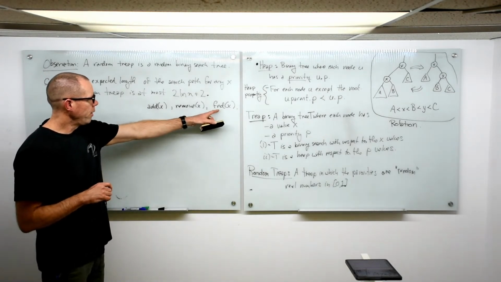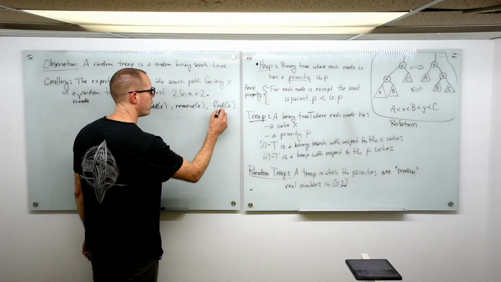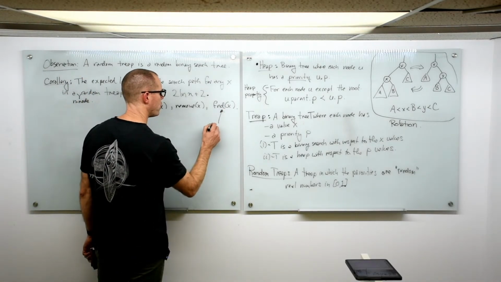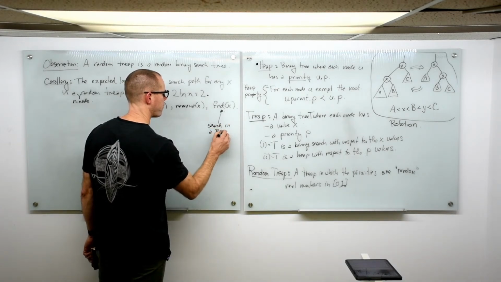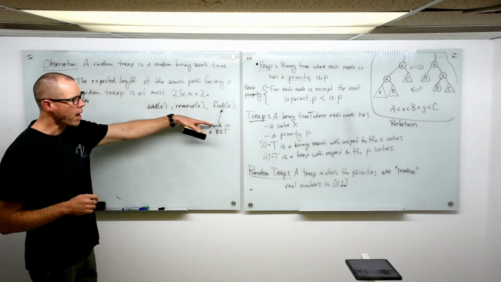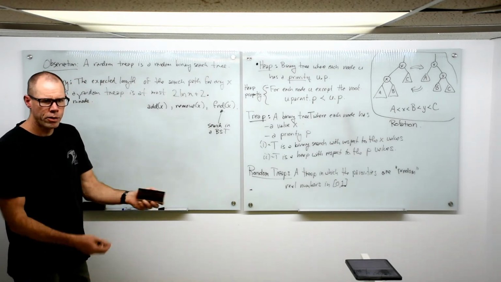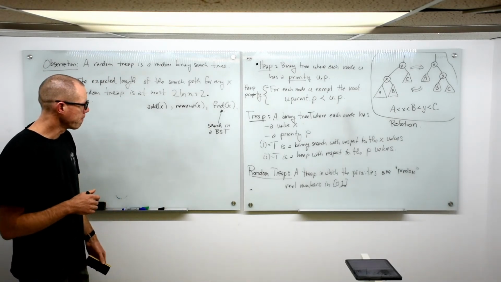But this one, we already know how to do, right? This is just search in a binary search tree. So just follow the search path for x.